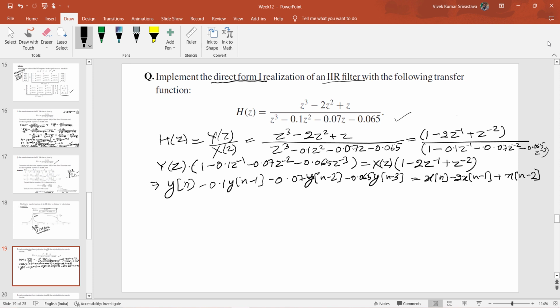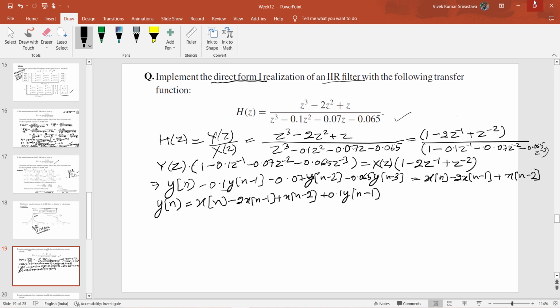Okay, so now we can rewrite this as y of n is equal to x of n minus 2 x of n minus 1 plus x of n minus 2 plus 0.1 y of n minus 1.